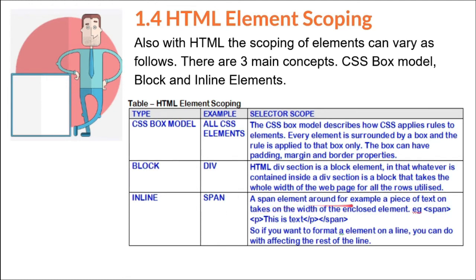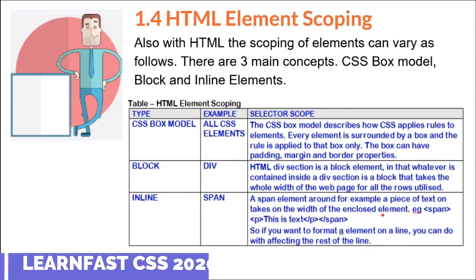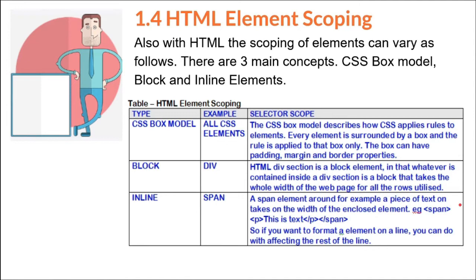A span element around, for example, a piece of text takes on the width of the enclosed element. For example, this is span text. So if you want to format an element on a line, you can do so without affecting the rest of the line.